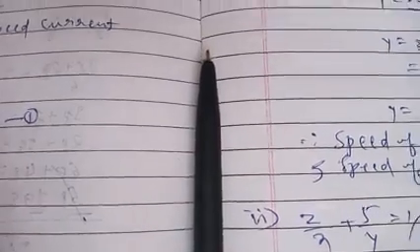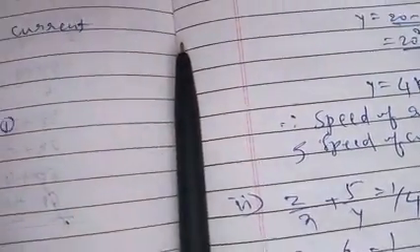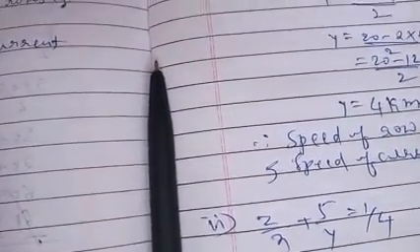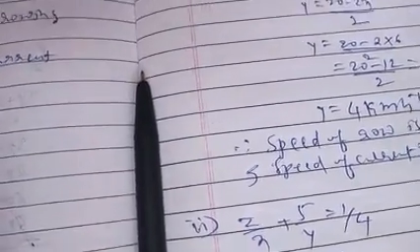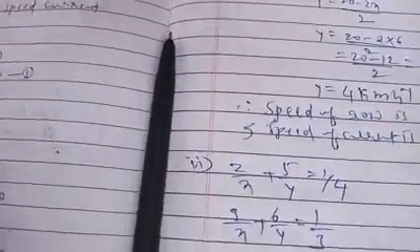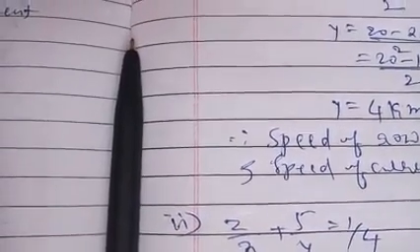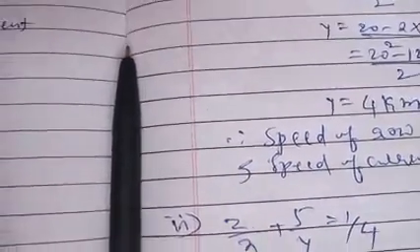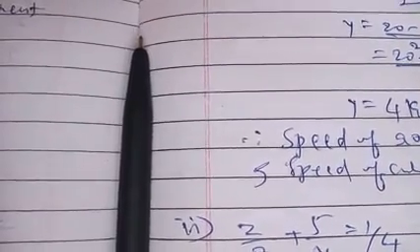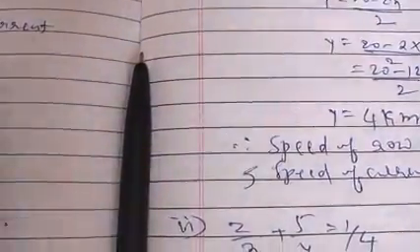And the second part: 100 divided by x plus 200 divided by y equals 10 minutes longer. 4 hours is given, so 4 hours equals how many minutes? 4 sixes are 24, so 240 minutes. 10 minutes longer means she is taking 10 minutes more, so 4 hours 10 minutes in the second part. 240 plus 10 becomes 250 minutes.